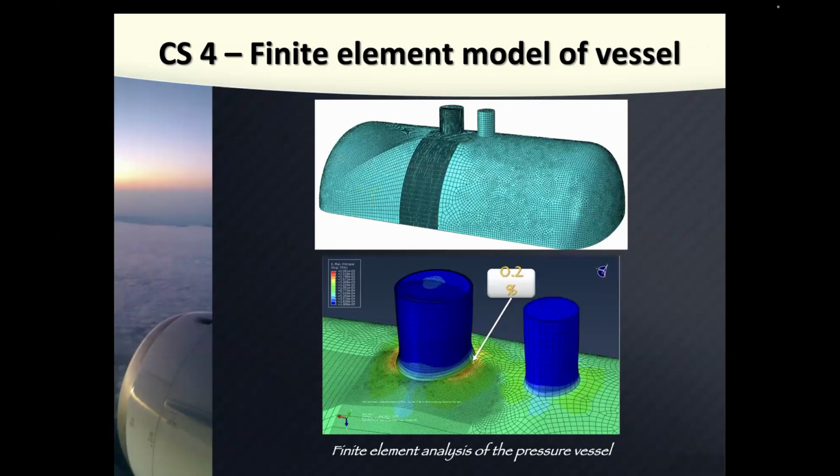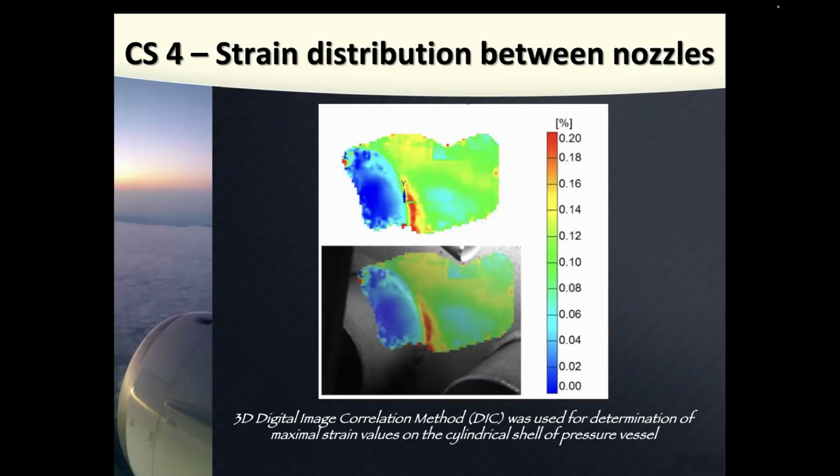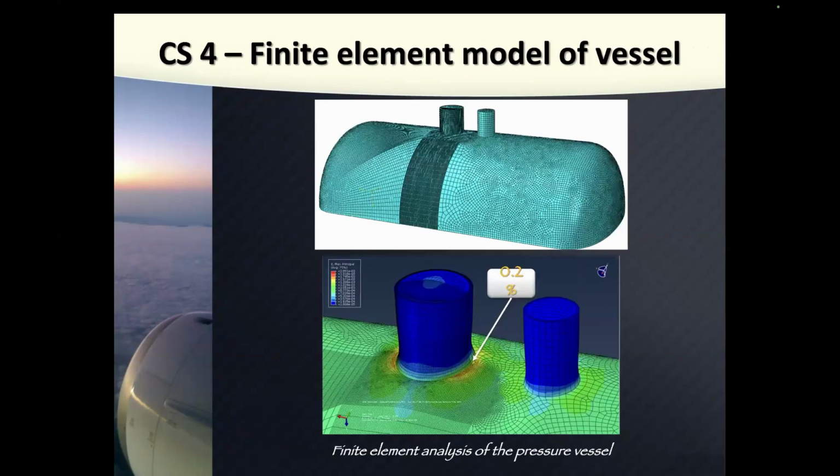I modeled only one half of the vessel, of course, and as you can see, I did this in Abaqus. I got a maximum around 0.2%, which was almost the same as in the experiment, and the position was also the same, at the root of this nozzle.